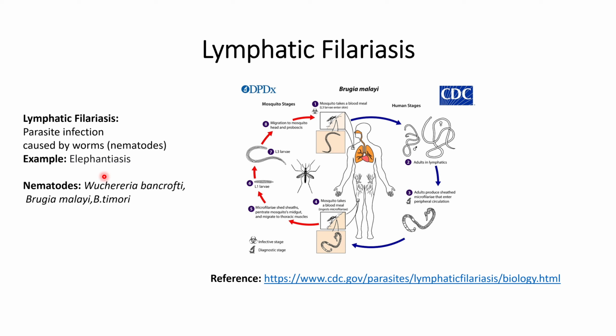This usually occurs when a person gets infected by a mosquito that is already infected, that already has the larvae. The infection usually happens in childhood, while the symptoms remain hidden, and when the patient becomes an adult, the symptoms slowly become visible.